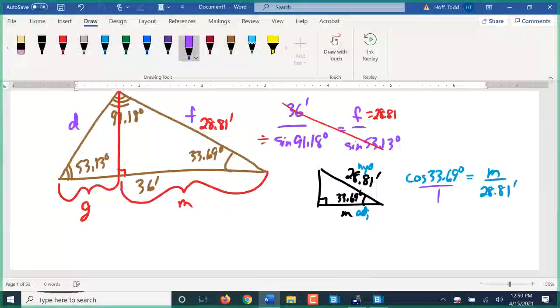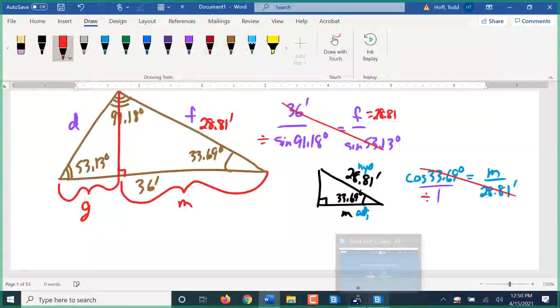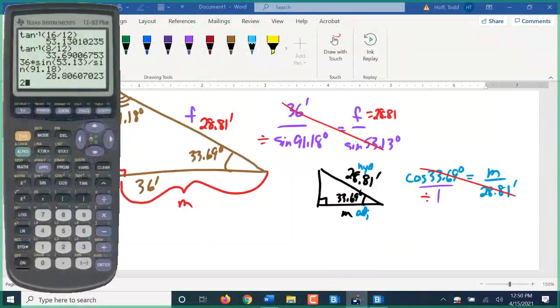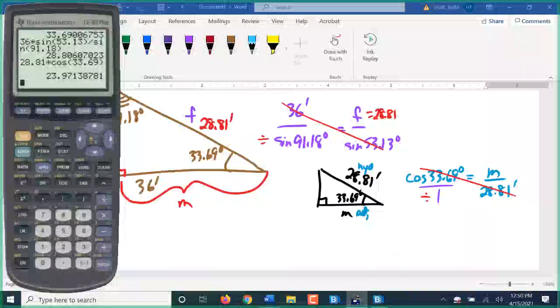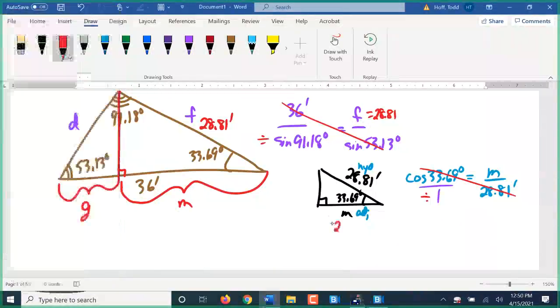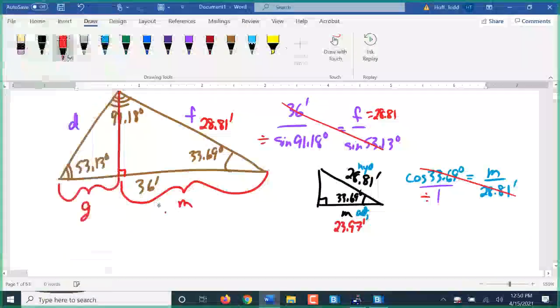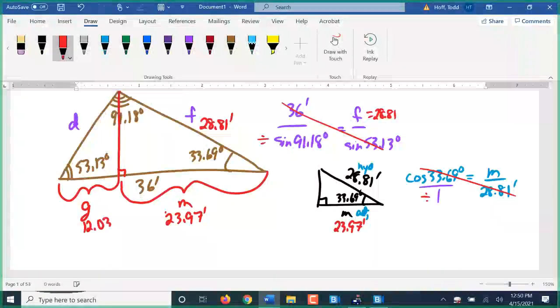So we make that a proportion by putting our trig function over 1. We do that because we're looking for a missing side, and now we'll cross multiply and divide. So 28.81 times the cosine of 33.69 degrees gives 23.97 feet. So this is 23.97 feet, making this over here 12.03 feet.